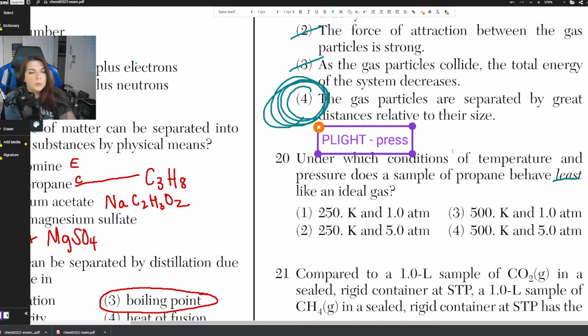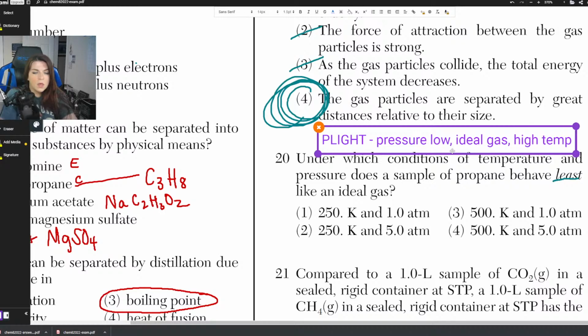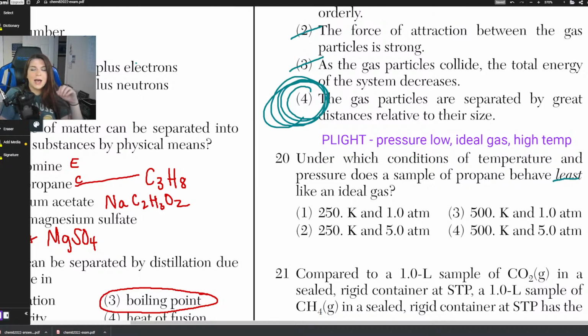They like a low pressure, they are ideal gases, and they like a high temperature. When they have a low pressure and a high temperature, the particles are far apart from each other, moving around very quickly, and they're not able to feel IMFs. And this is going to put them in that box following those 6 rules of the kinetic molecular theory as best as possible. Under those conditions, real gases will be as close as possible to ideal gases.